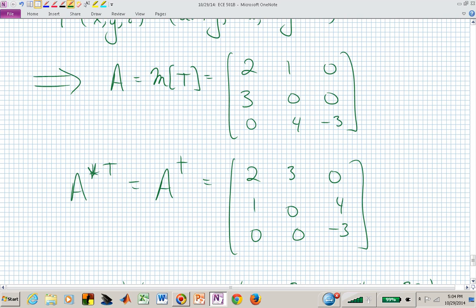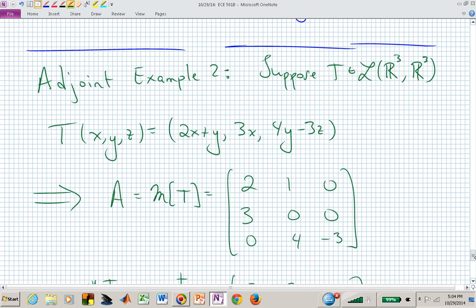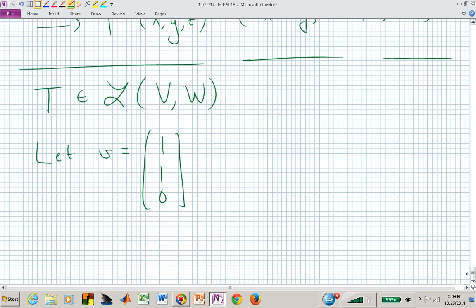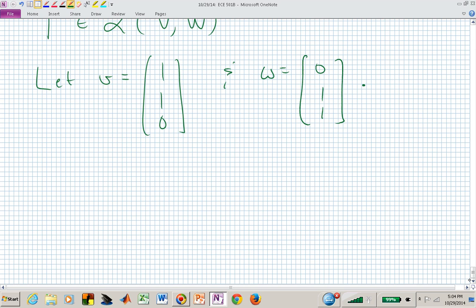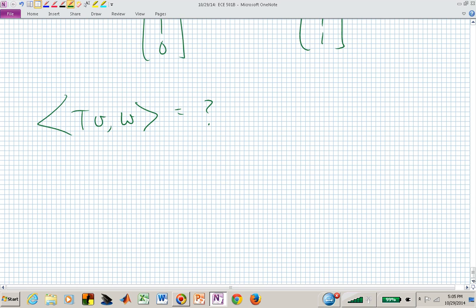We're still doing example 2. So now let's say that V is 1, 1, 0 and W is 0, 1, 1. And we want to now compute TV, W. This shouldn't be hard. It's basically just, yes.